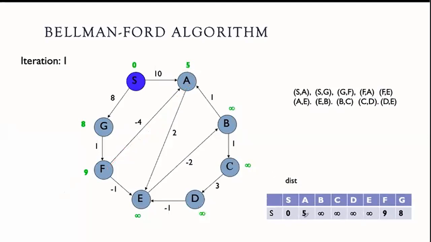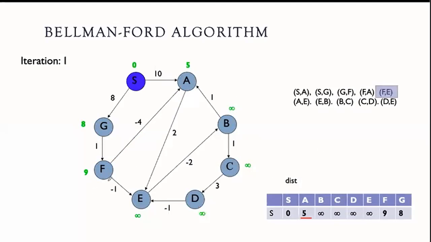Here also you have to update it. Its weight will become 5. Next edge, FE. See, earlier distance of A was 10 when we had only the S to A edge. Now when we discovered the F to A edge, its weight will change to 5.